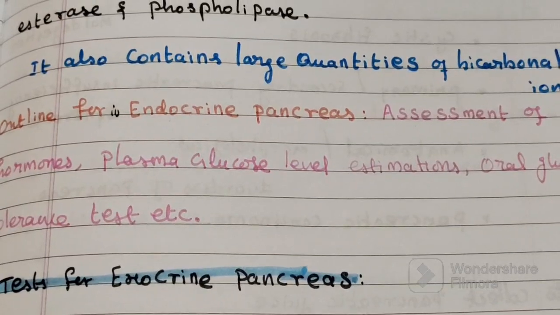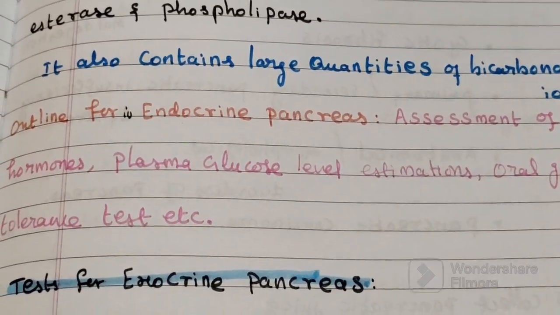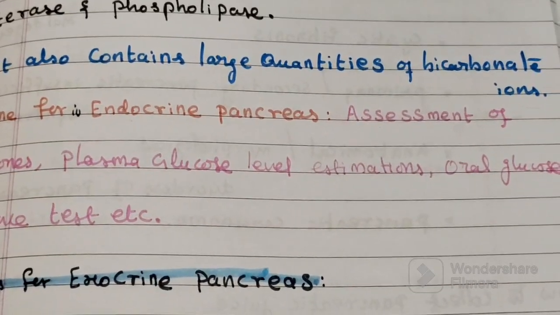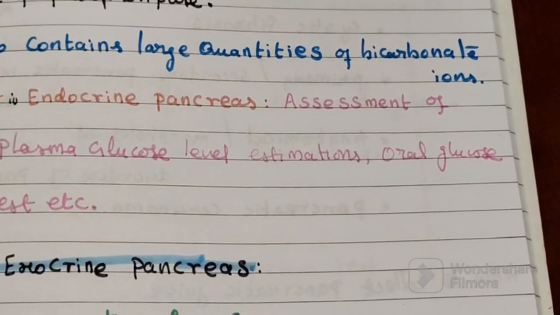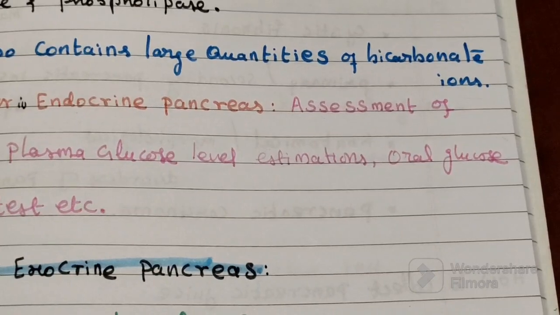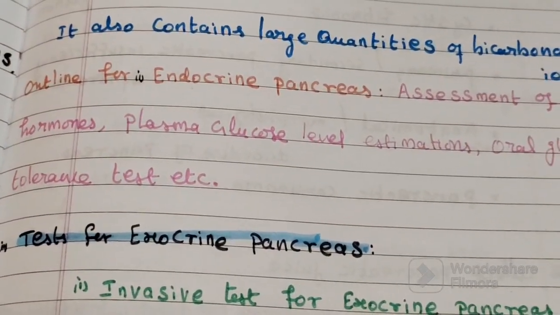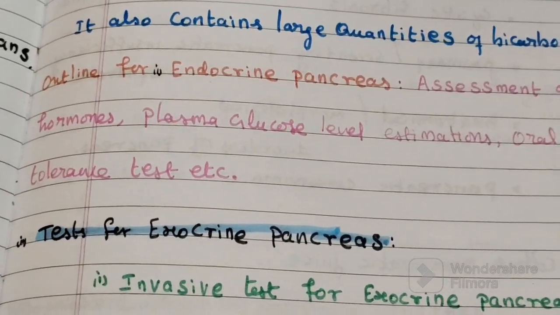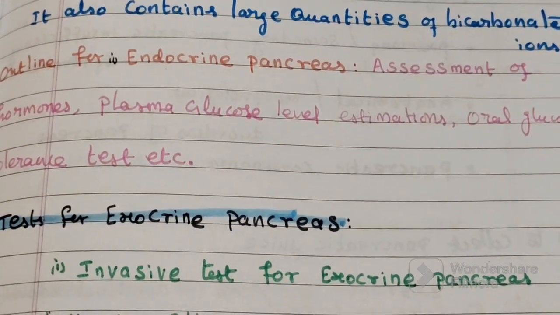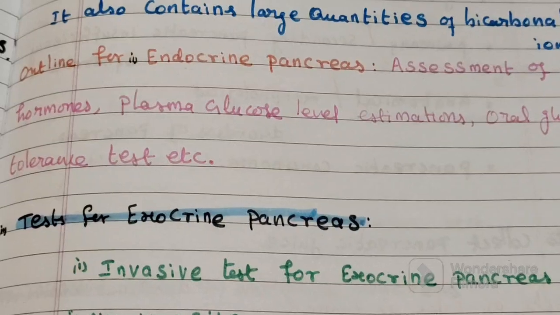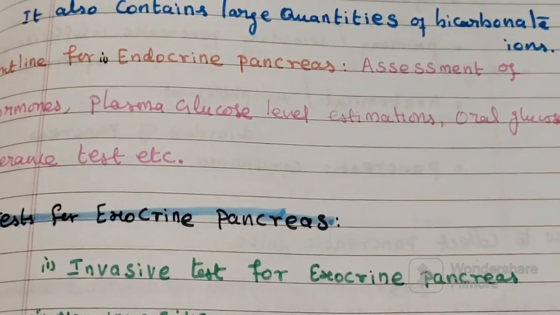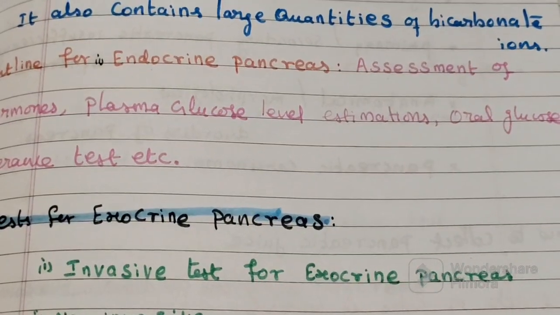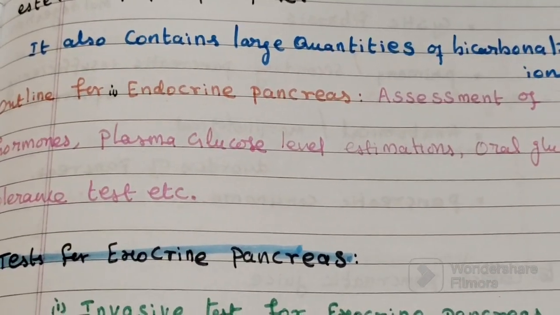Now the test for endocrine pancreas function is used for assessment of individual hormones, that is insulin, glucagon level, assessment of somatostatin, etc.